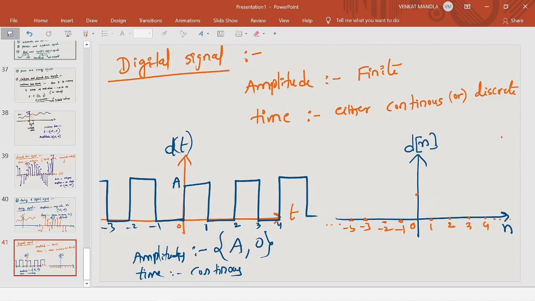At 0, let us say a. At 1, let us say 2a. At 2, let us say minus a. At 3, let us say 3a. So 4 values it is taking. And at 4, let us say a. And at 5, let us say minus a. At minus 1, let us say 2a.